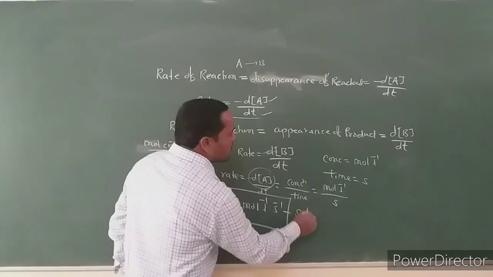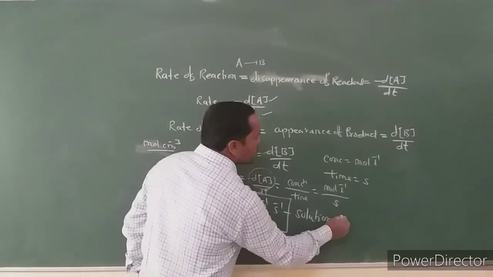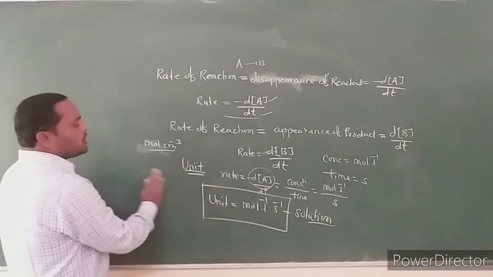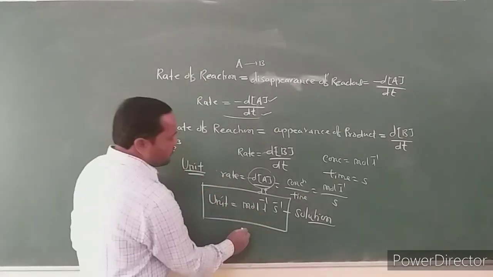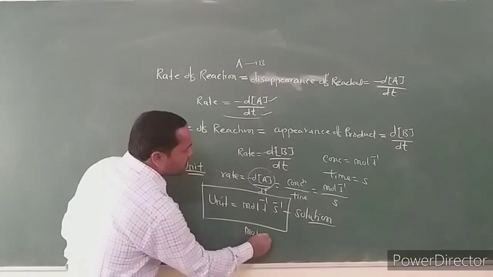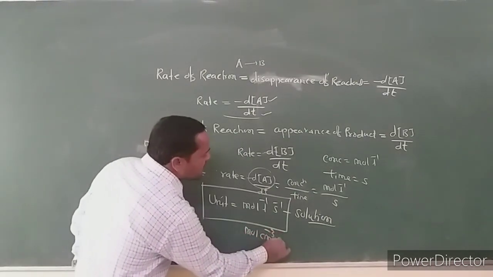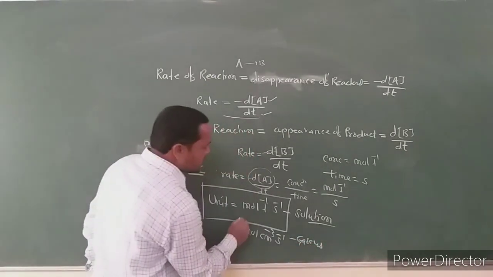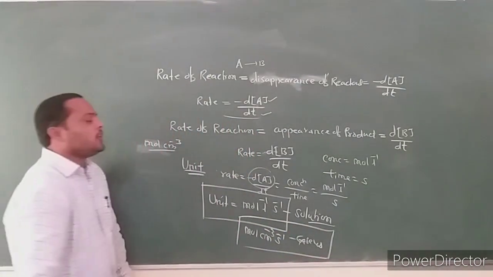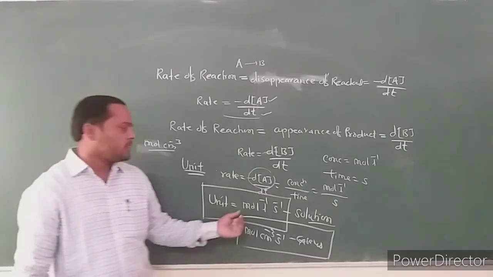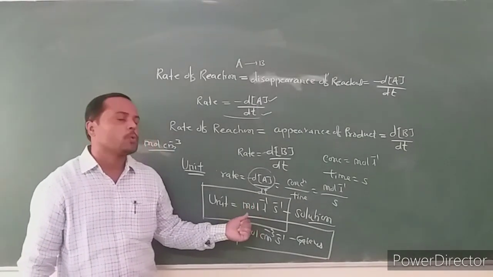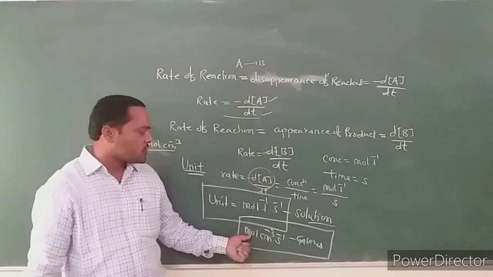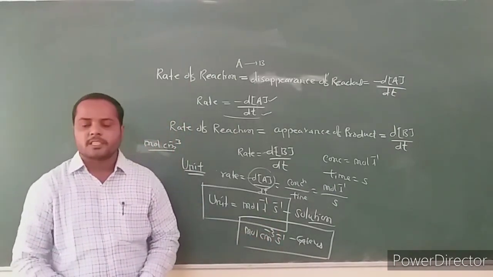This is the unit for those reactions occurring in the gas phase: mole per cubic centimeter per second. The unit of rate of reaction for reactions in solution phase is mole per liter per second, and for gaseous reaction, mole per cubic centimeter per second.